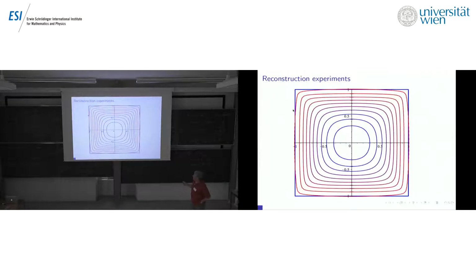So here are some pictures. You see how well this approximates, and just with a few moments, this is up to degree 5 or so, it approximates the square. At the corners, of course, you expect some distance.